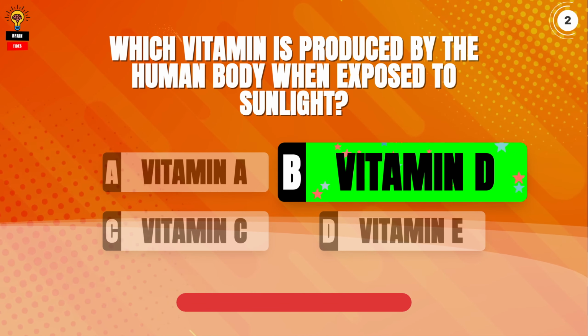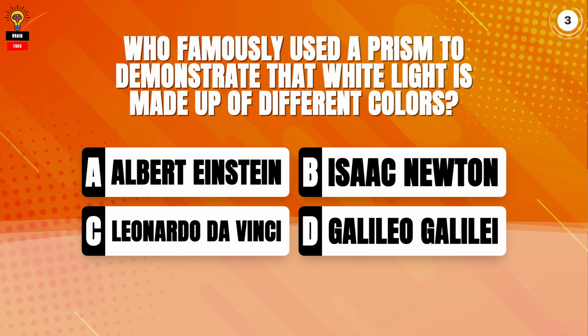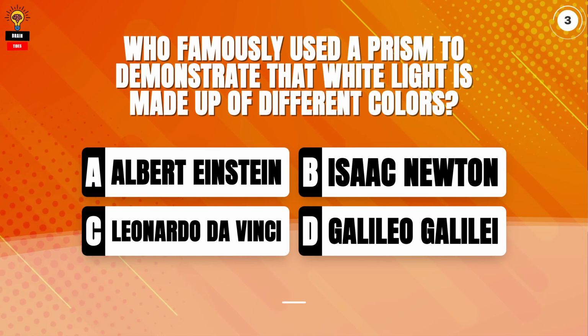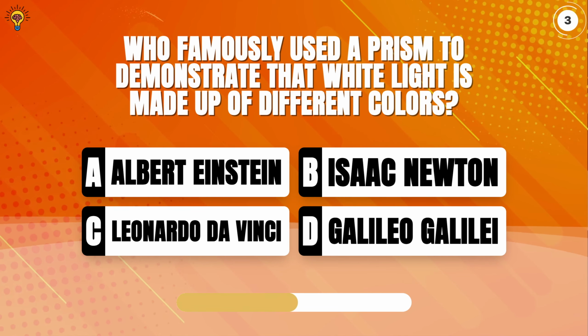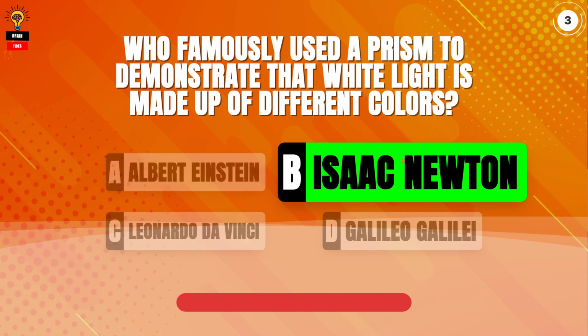Vitamin D. Who famously used a prism to demonstrate that white light is made up of different colors? Isaac Newton.